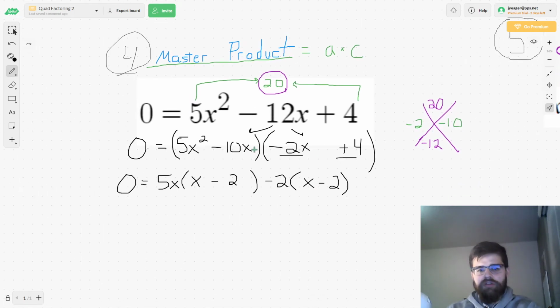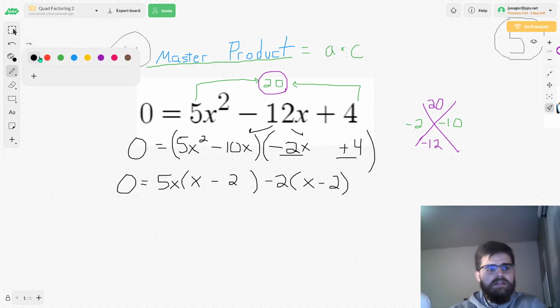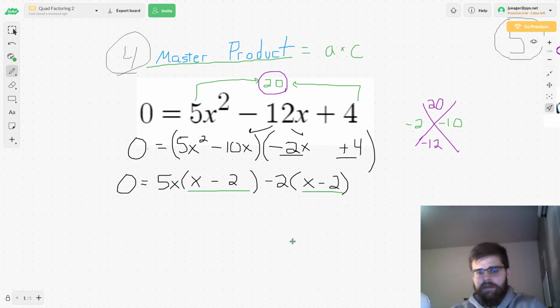Why did I group this stuff together and split it into pieces? The reason is because I am looking for this. You have to think about this on a really big scale. I've got A minus B. I've got these two big terms, that thing minus that thing. And these two terms have something in common.